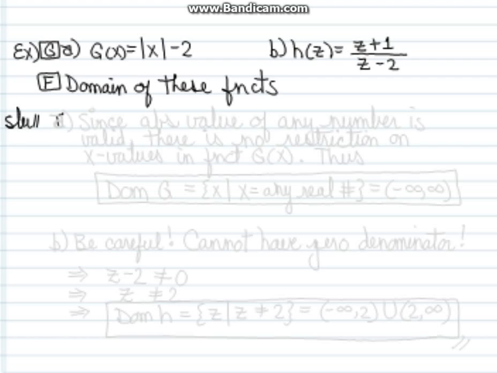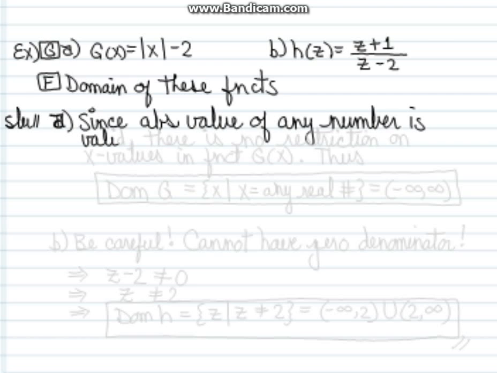Now since we're looking at the first one, the absolute value of any number is always going to be valid. It doesn't matter what number you put inside the absolute value bars, the answer will be a valid number. There is no restriction on the x value, because any x value we choose gives us a valid answer.